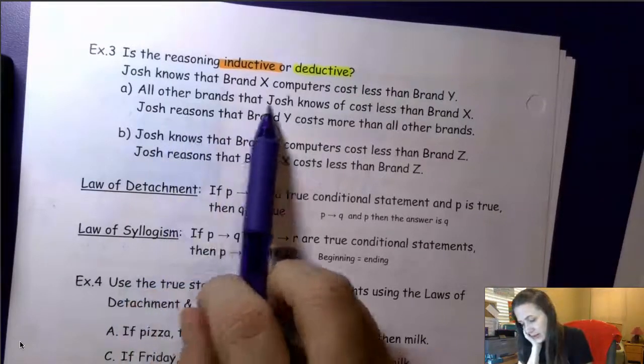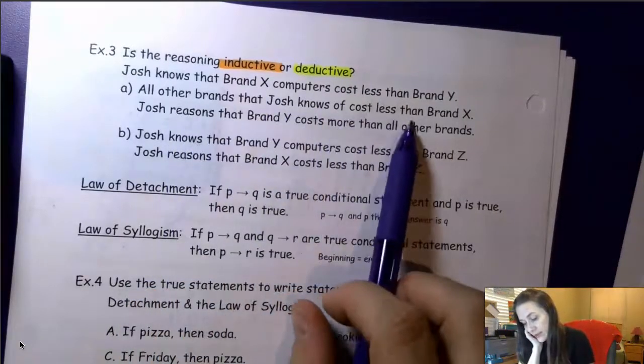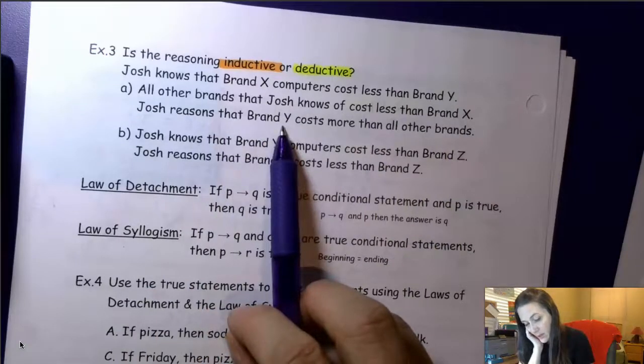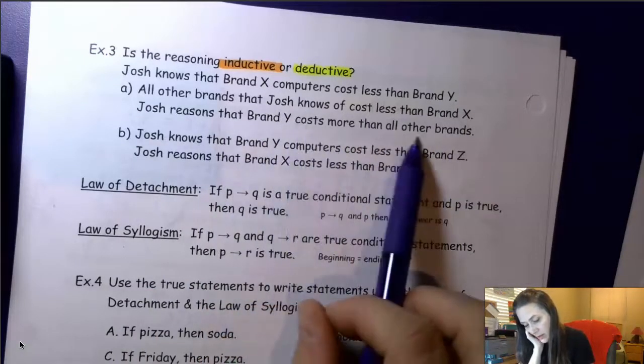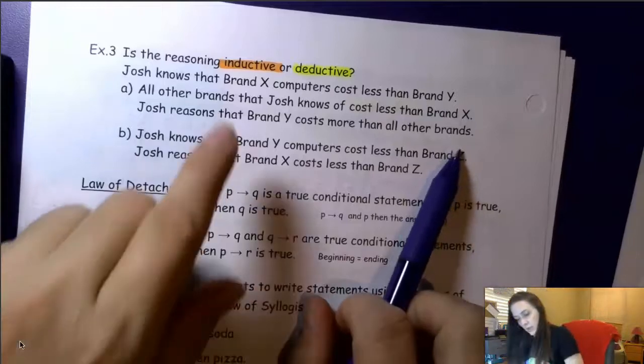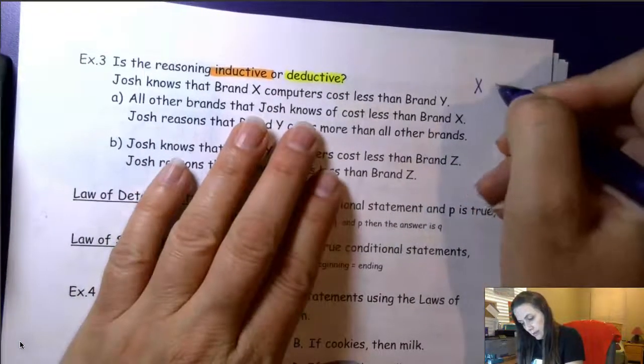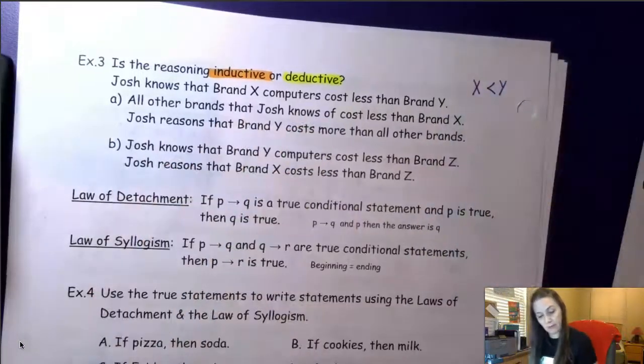All other brands that Josh knows of cost less than brand X. Josh reasons that brand Y then costs more than all other brands. So right here, Josh knows that X costs less than Y. I'm going to write myself a little note off to the side.